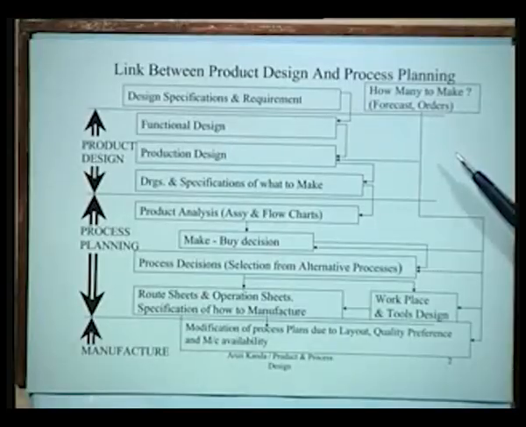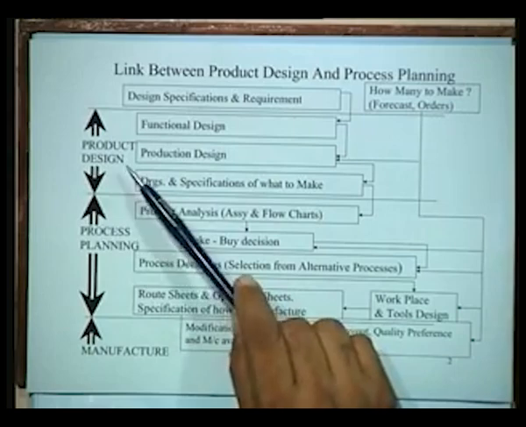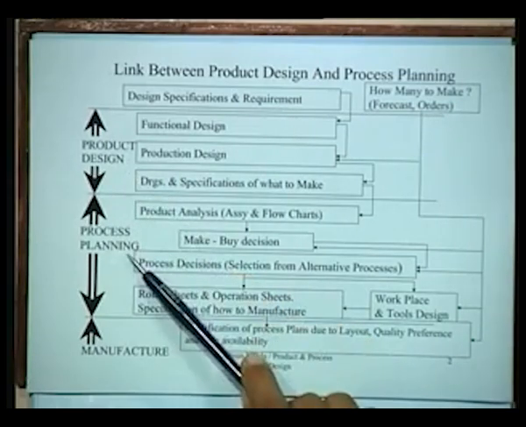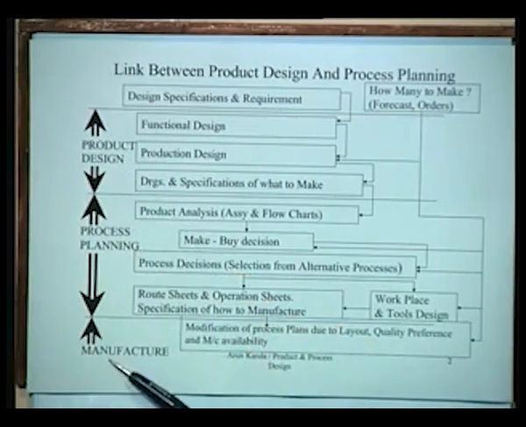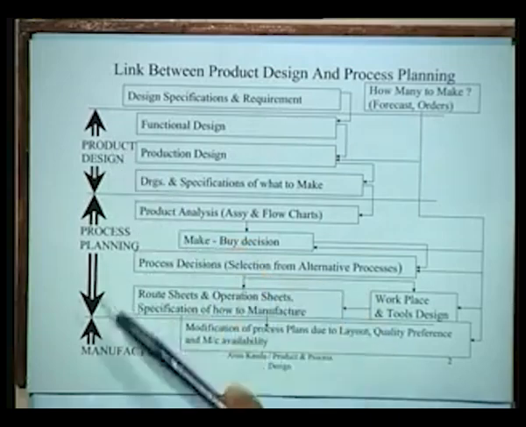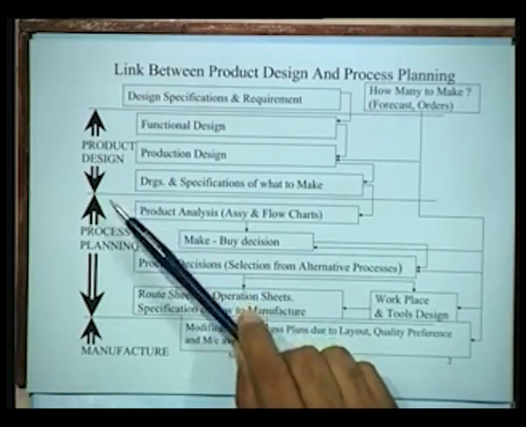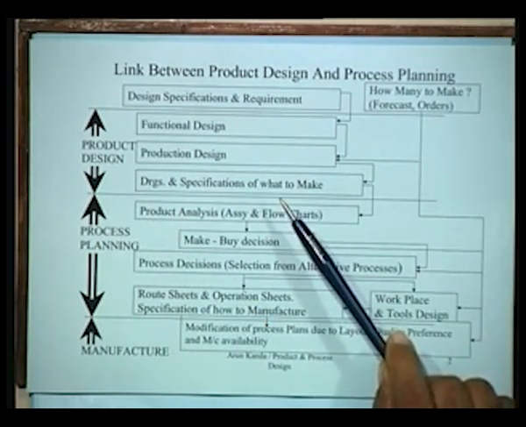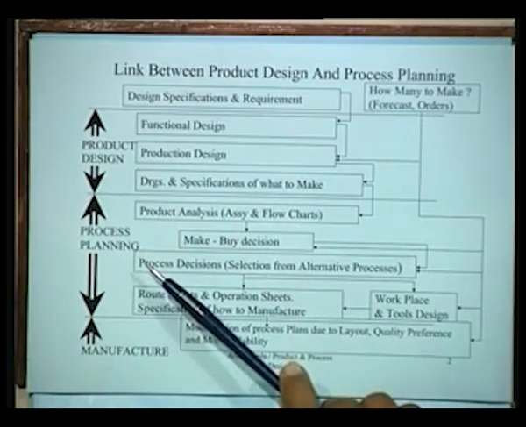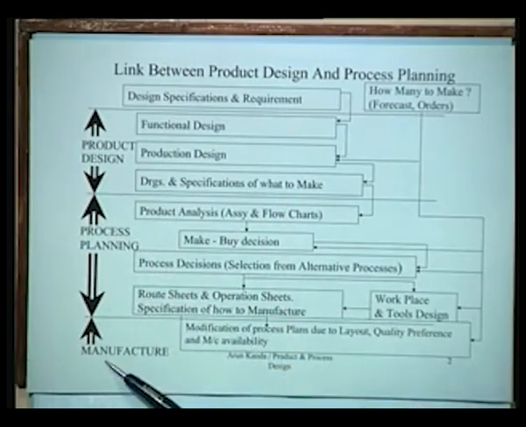In this diagram, we have tried to look at or summarize the major activities of product design, process planning and manufacture, which generally proceed in this particular sequence. So let us recall what exactly product design is, what are the inputs and outputs to product design, and subsequently how process planning takes place, and finally this particular cycle ends with this aspect of manufacture.